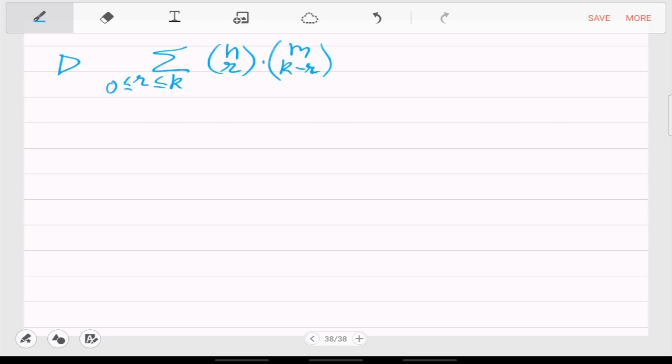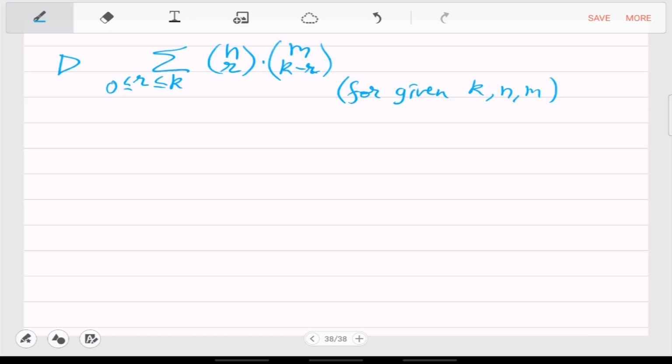So m, n and k are given. Somebody gives you k, n and m, and then you sum up over all these valid r's.